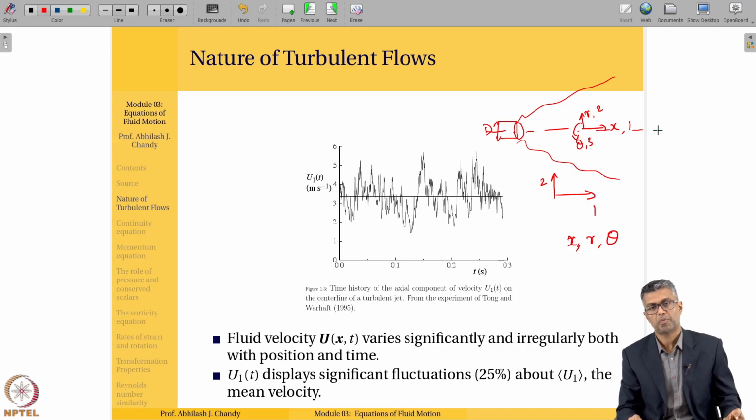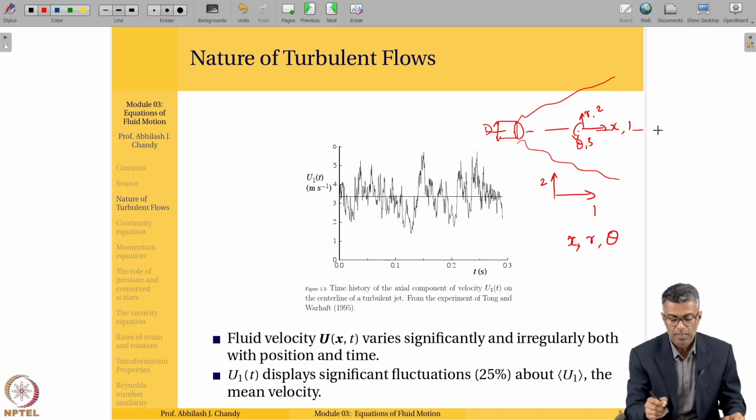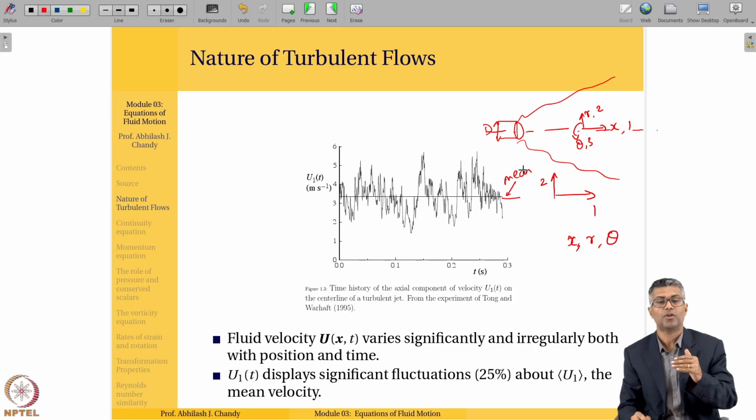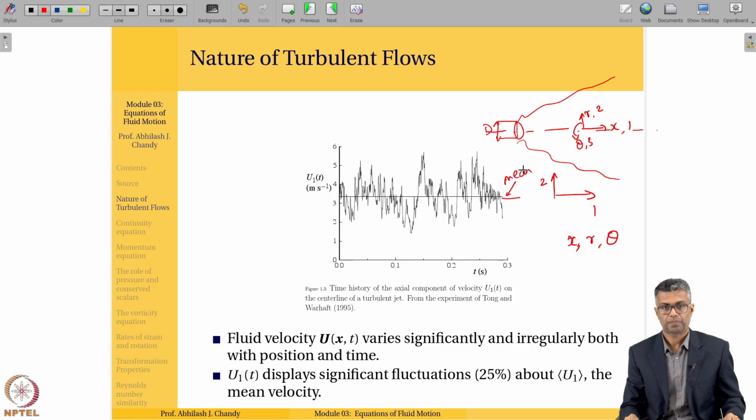This is from the experiments of Tong and Warhaft in 1995. Now you can see that there are a lot of fluctuations in the velocity recording. There's a line here which represents the mean of this signal, the mean of this velocity.